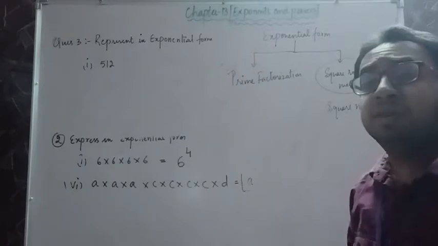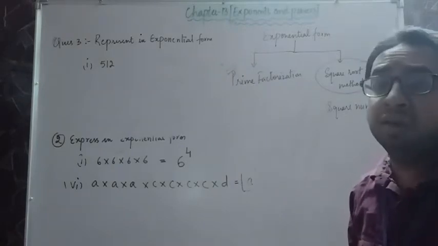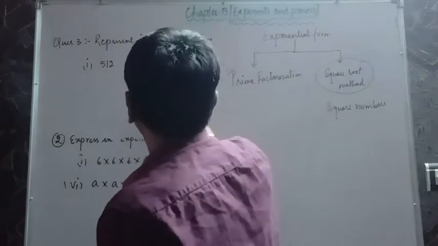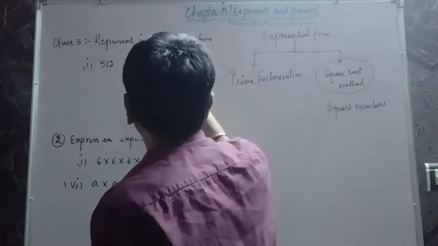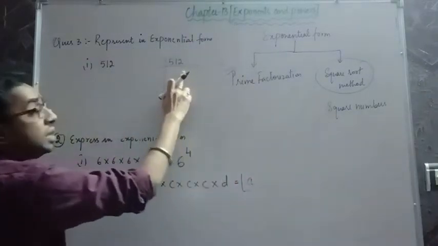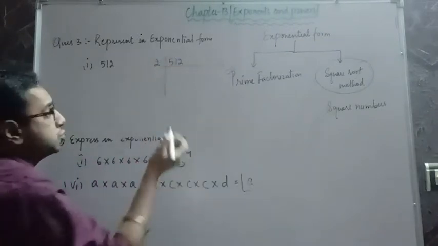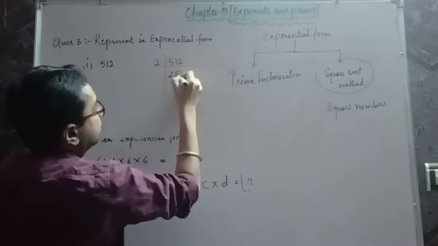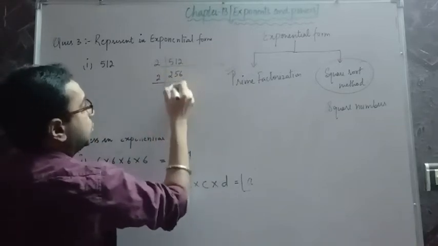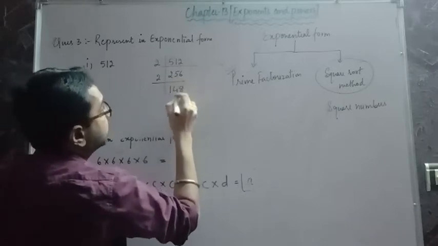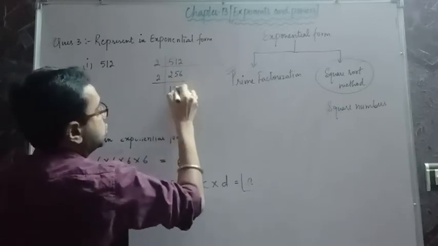What is the prime factorization method? In the prime factorization method, you do the prime factorization of the number. For example, this number is there with us, 512. I do the prime factorization. So it's an even number, so I'll be considering 2. Definitely it will be divisible by 2. 2 is 256, right? Then again, I'll be doing, it's 128.